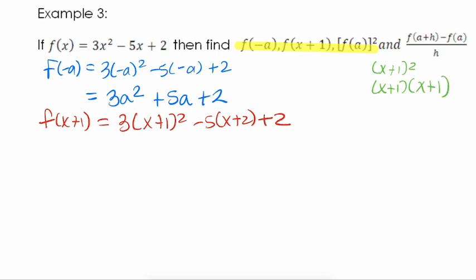You can't just square the pieces. That is an algebra 1 mistake. If you don't know that x + 1 squared is x + 1 times x + 1 and do it correctly, you have to rethink your decision to take calculus. I'm sorry, I'm just going to be honest. What is x + 1 squared?